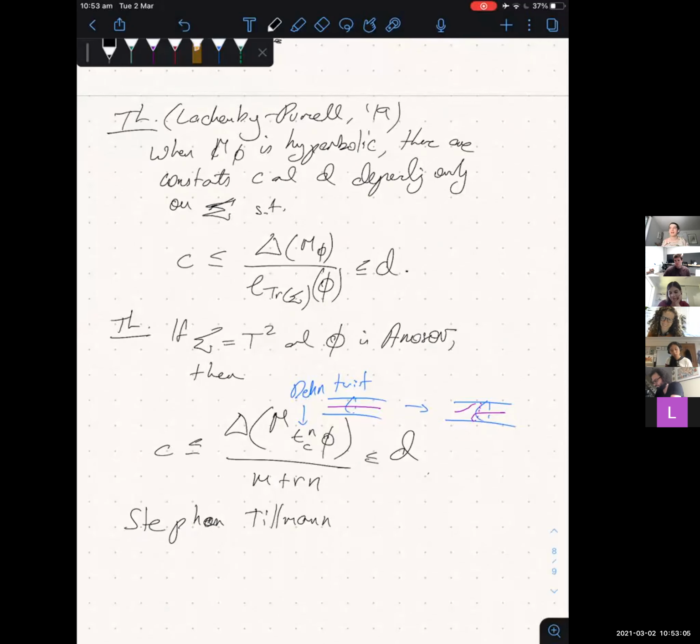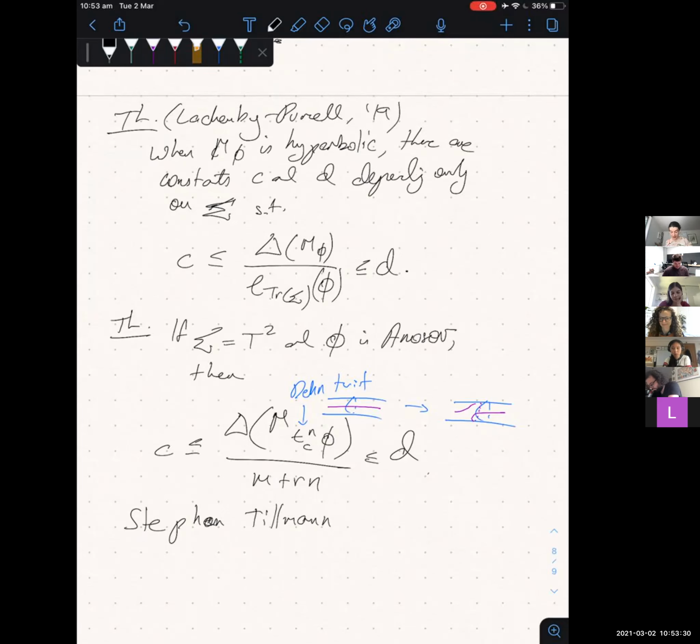Yeah, I agree, that'd be very interesting. This result from Lackenby and Purcell is about when your mapping torus is hyperbolic. The obvious thing that you want to do is talk about mapping tori, full stop.